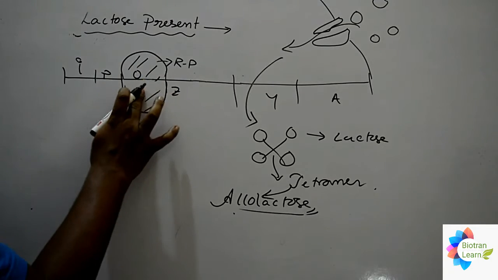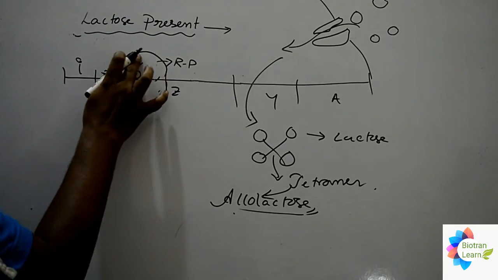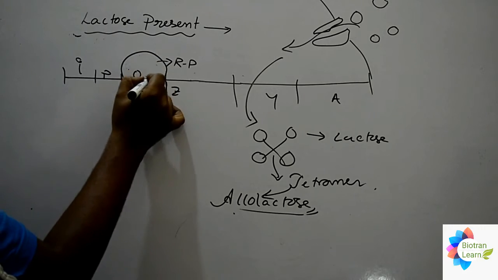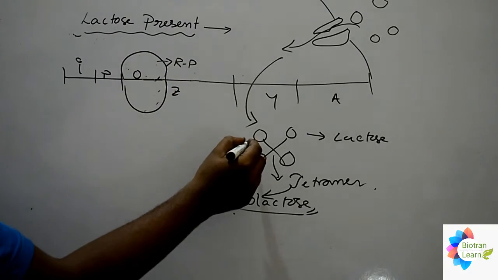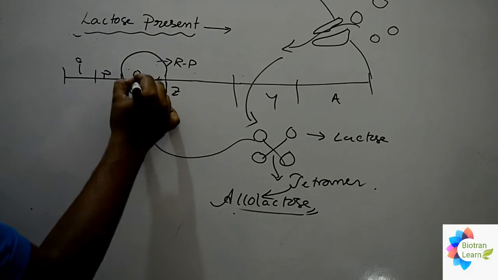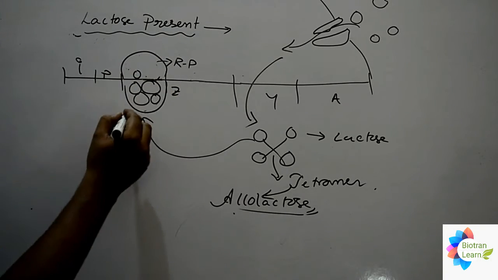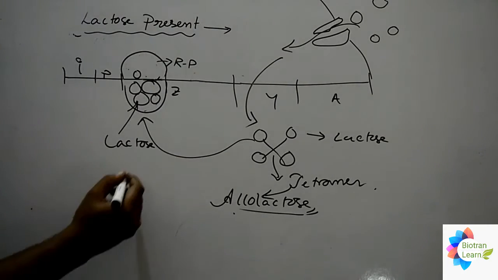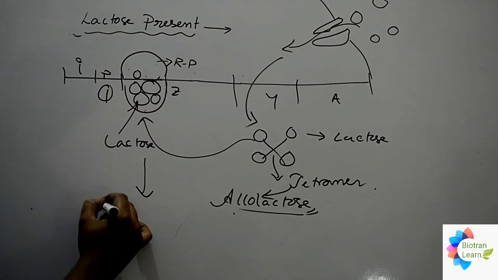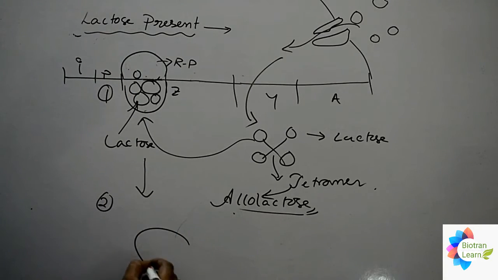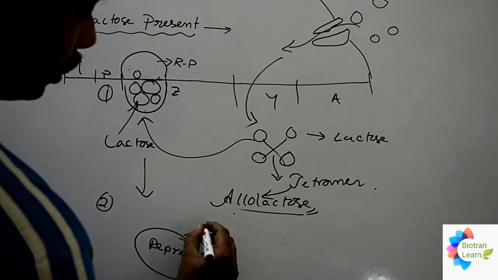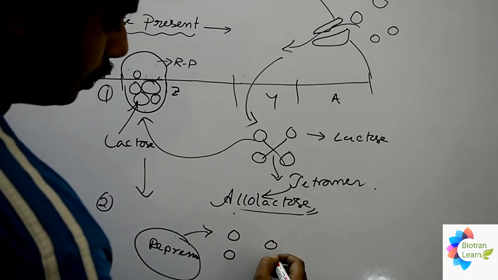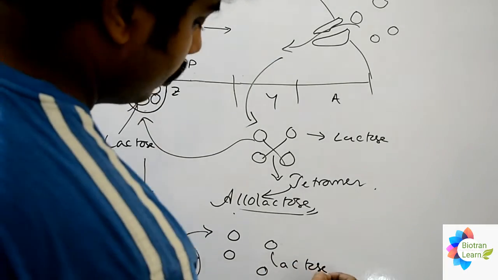First, this particular repressor protein will accept the allolactose in the tetrameric condition. The lactose will bind in this section, and this is step 1. In step 2, the repressor protein will be released from this section along with the lactose molecule, right?